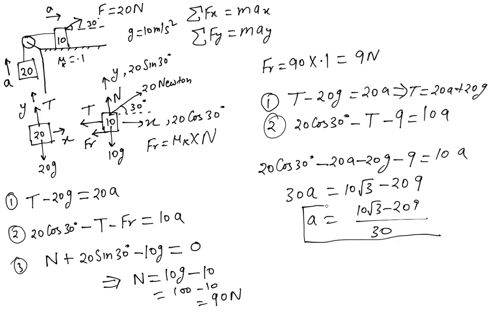Okay, so have we reached the right answer? Well, no, there's something wrong. You see, this number is actually a negative number. 209 is certainly more than this number, so a is turning out to be negative, which means we started with the wrong direction of a.